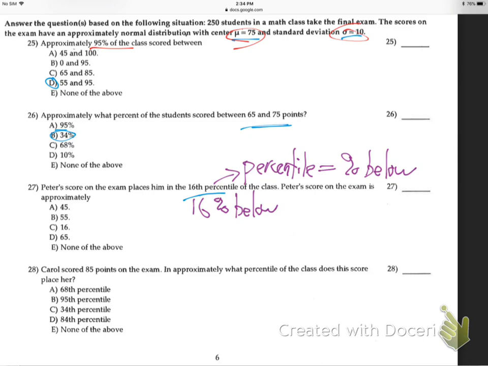Really important to know, for sure a question on the final exam next week. In real life, they use it all the time. Percentile means percent below, percent to the left. So find what spot on the bell curve has 16% to the left.